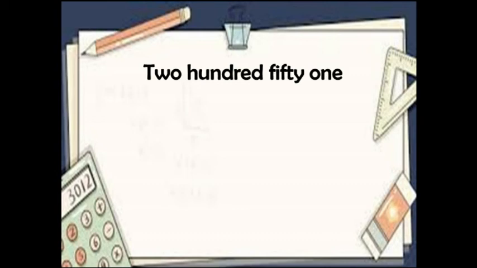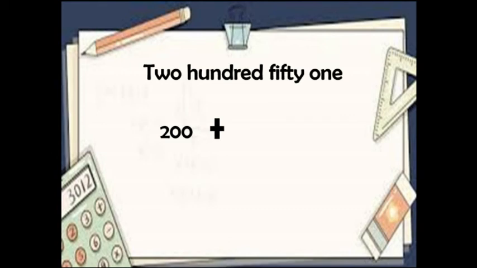Another one, we have here 251. Okay, let's read this. 251. Let's write this in numerals. Okay, first we have to write 200. We write 200 as 200 plus 50.